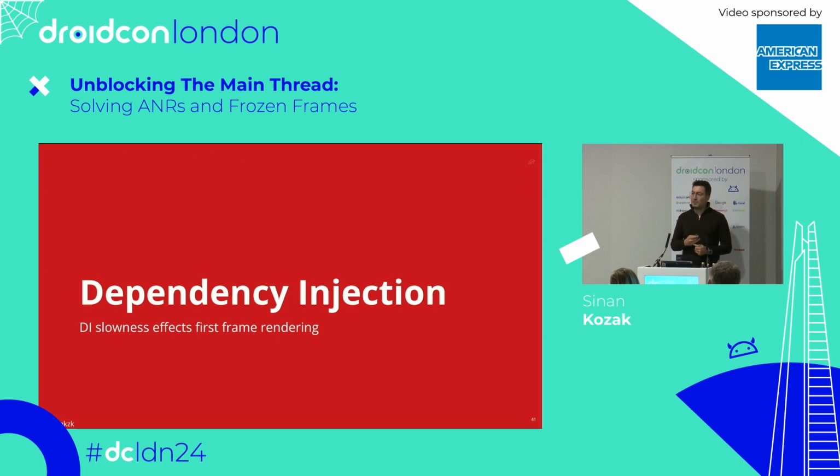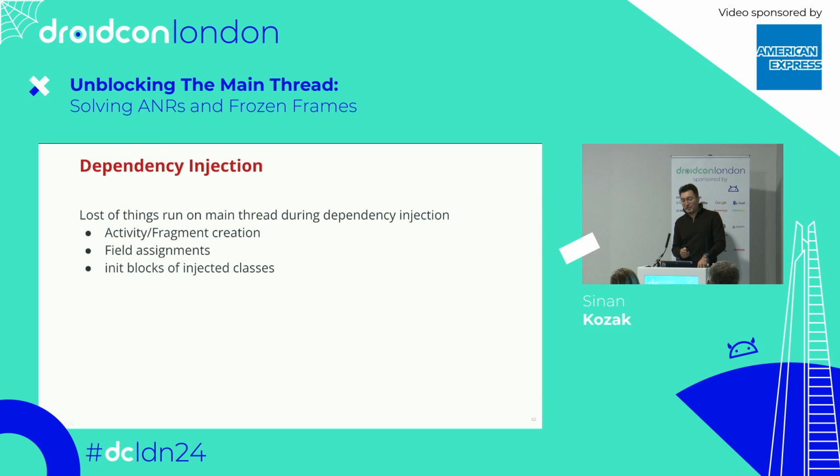Dependency injection happens when our application starts, when our navigation happens, when our activity starts. But the suggestion is not to have any side effects while creating classes. That means our application's init block shouldn't do any heavy operations. Field assignments shouldn't do any heavy operations either.